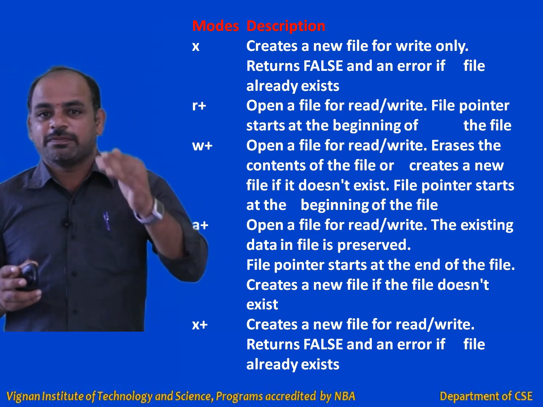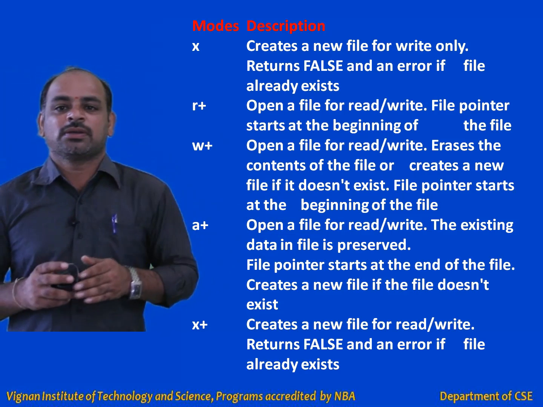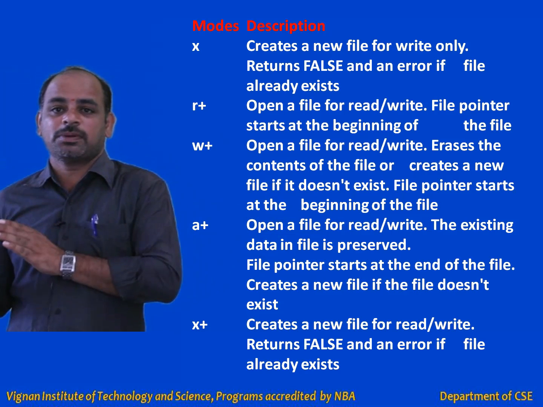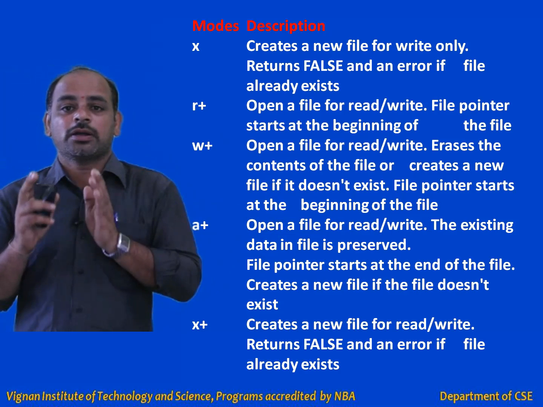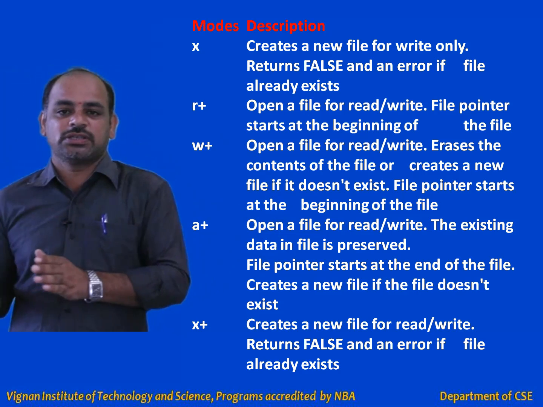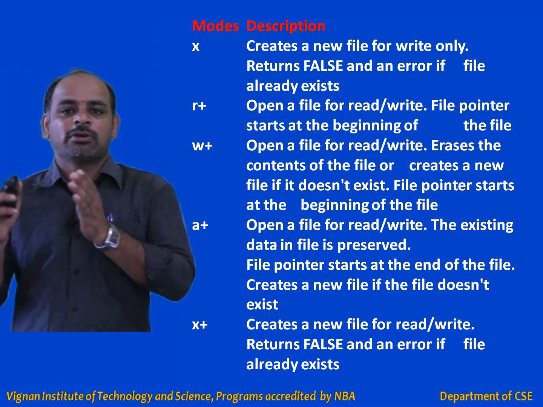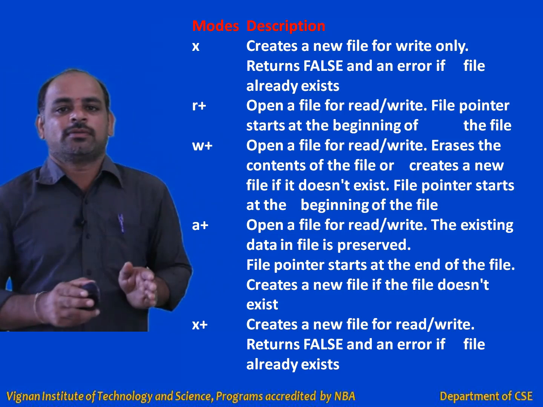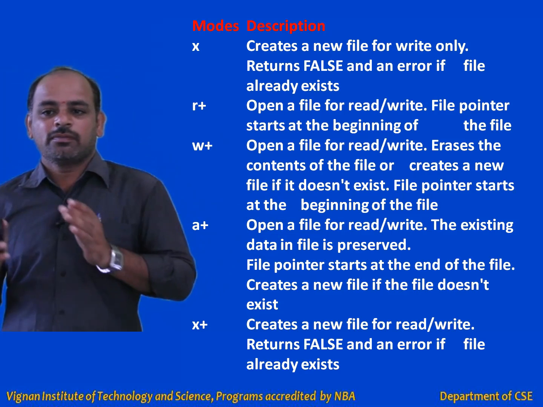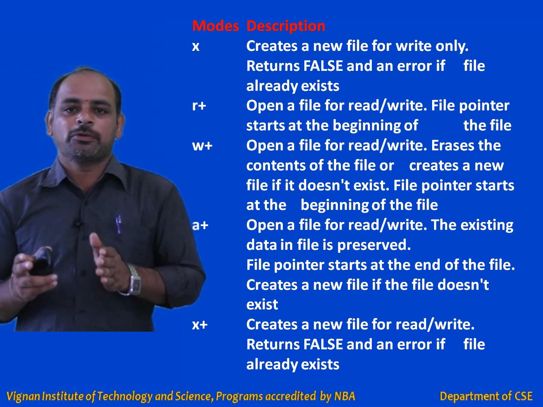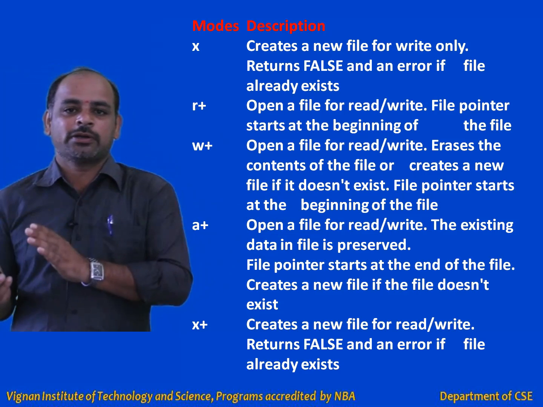But there is a difference between R plus and W plus. In R plus, you are opening the file for first a read operation, then a write operation, so the file must already exist, and only then will the file be opened. If the file does not exist, you will get a file opening error. Whereas when we open the file in W plus mode, the file will be opened for both read and write operations.